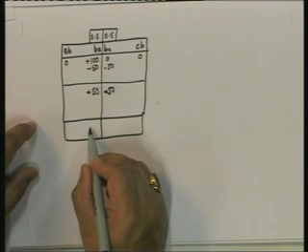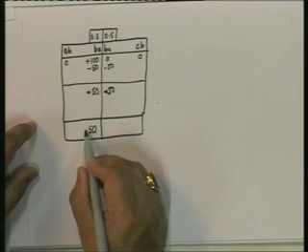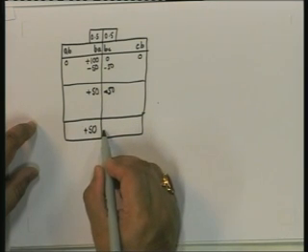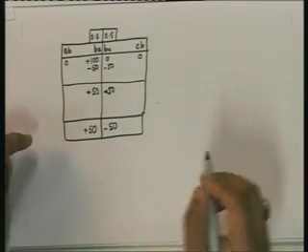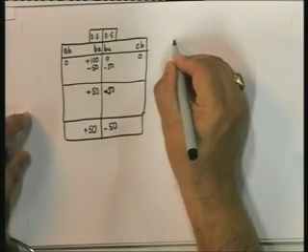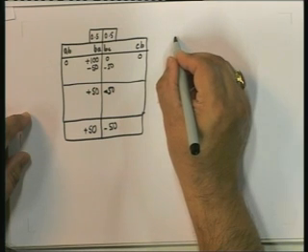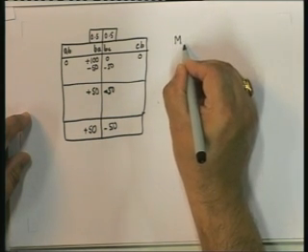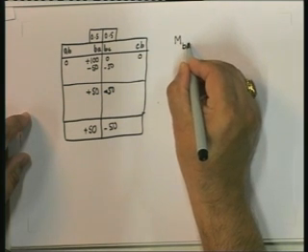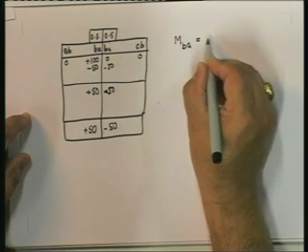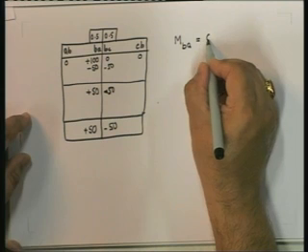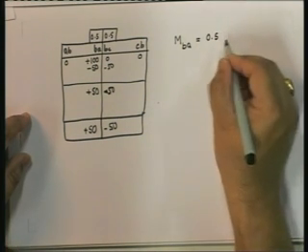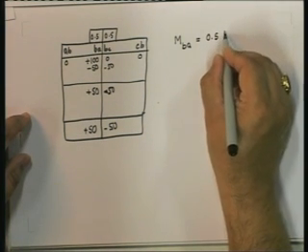So in other words, the bending moment MBA is equal to 0.5 of the fixed end moment.